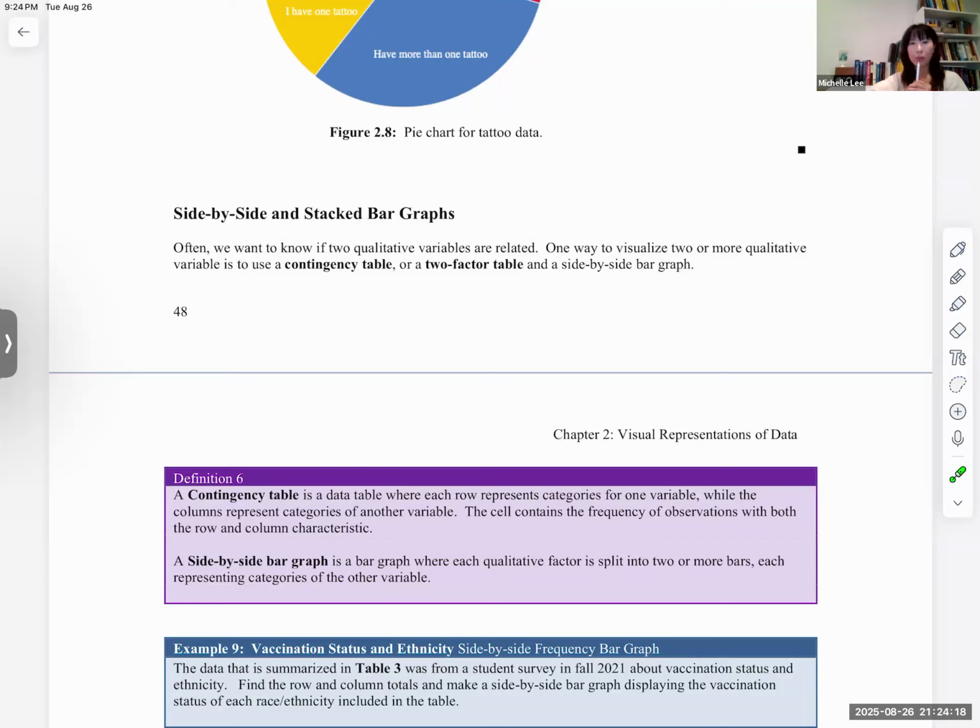Yeah. So let me write down side by side and stacked bar graph and contingency table. Oh, there we go, side by side. It's a bar graph where each qualitative factor is split into two or three more bars.